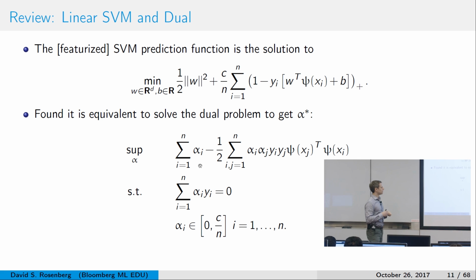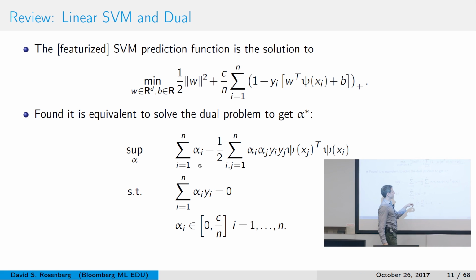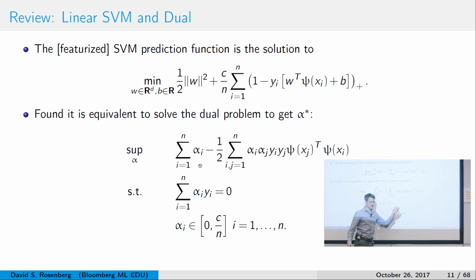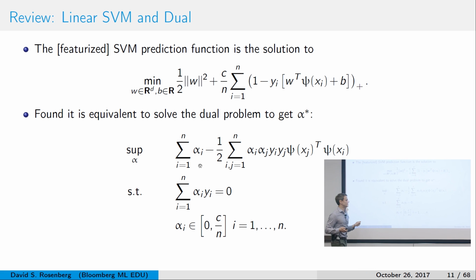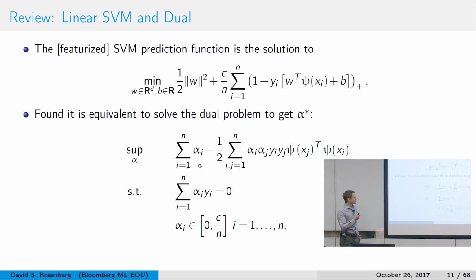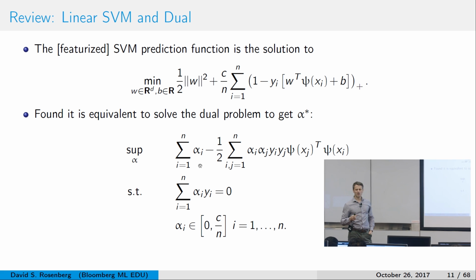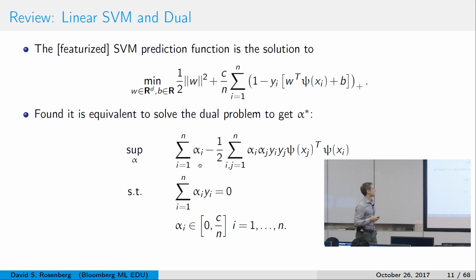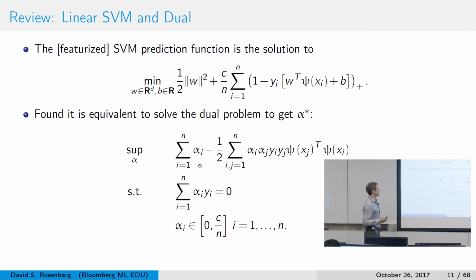There's no occurrence of x without it being paired with a neighbor in the form of an inner product. And this is what we'll call a kernelized form, in a sense I'll define in a second.